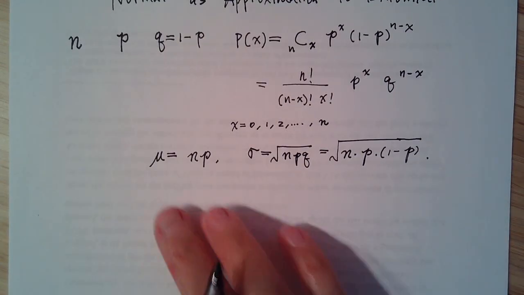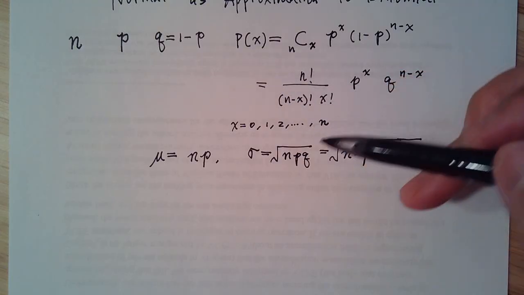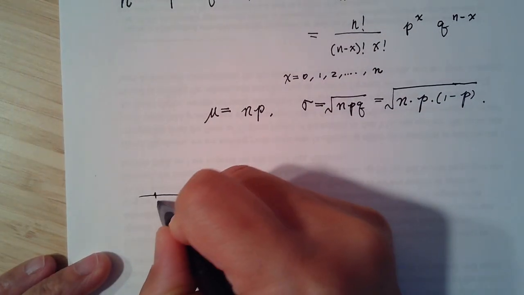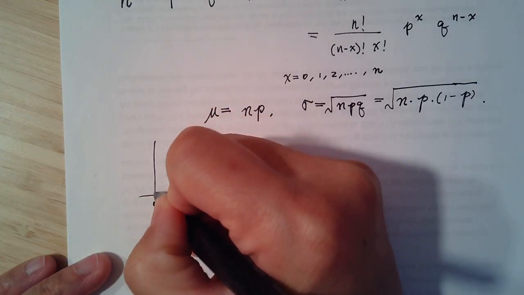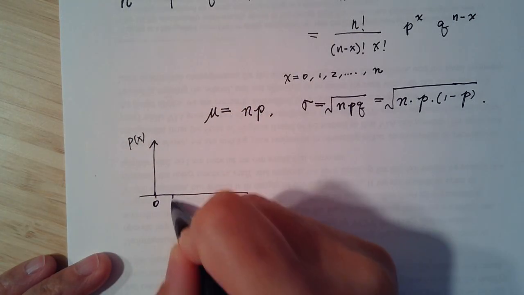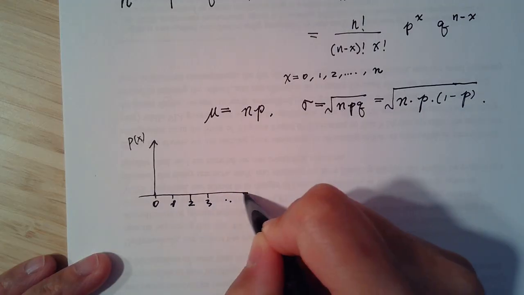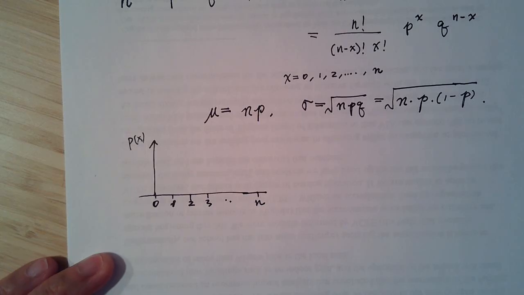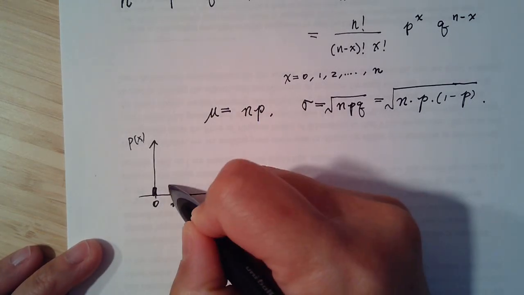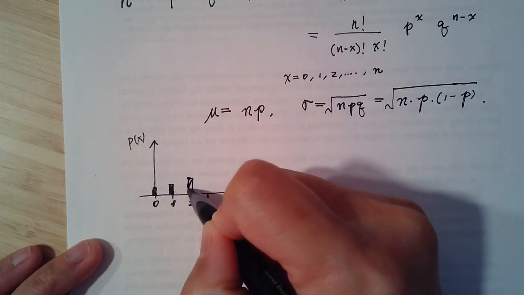After we calculate P of x, for x from 0 all the way to n, we can get a histogram. Here is the probability P of x, and here we have 0, 1, 2, 3, all the way to n. In a lot of cases, you're going to see a histogram like this. I just drew that.